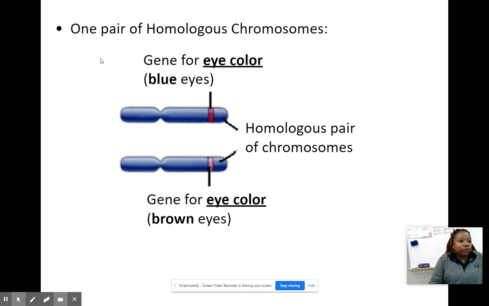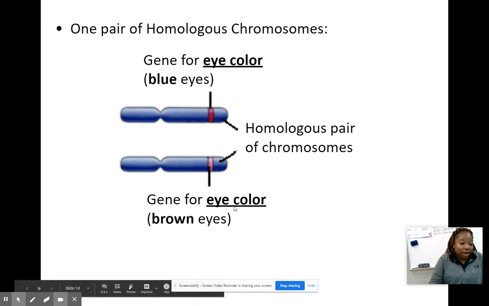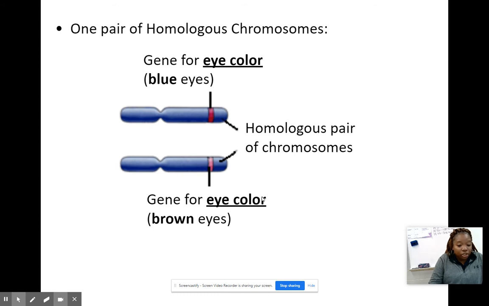All right, so one pair of homologous chromosomes. Your mom could have passed a gene for eye color, which would be the blue eyes, and then your dad passed a gene for eye color, which could have been brown eyes. One of these genes would be dominant, one would be recessive. The dominant one would show over the recessive one.